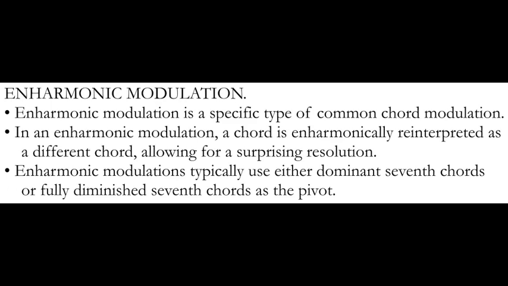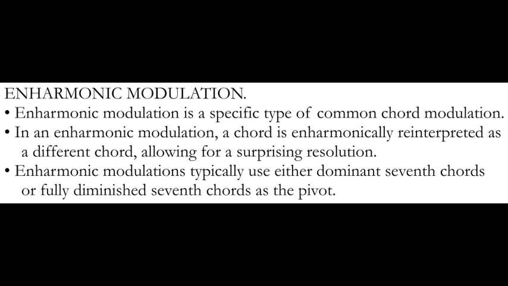And this goes back all the way to the old days of learning about music theory. Enharmonic equivalence is what we talk about when we talk about sounds that we hear as the same but look differently in music, right? A sharp and B flat, for instance, are enharmonically equivalent pitches because they sound the same, but we write them differently. And in enharmonic modulation, we take a chord that can be interpreted in different ways based on how it's spelled.